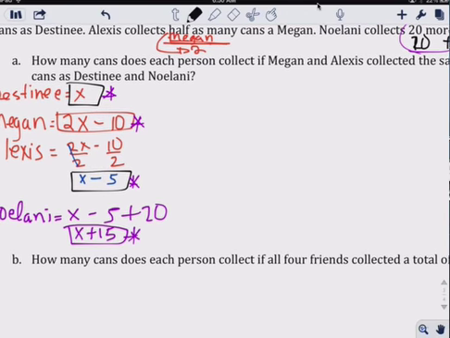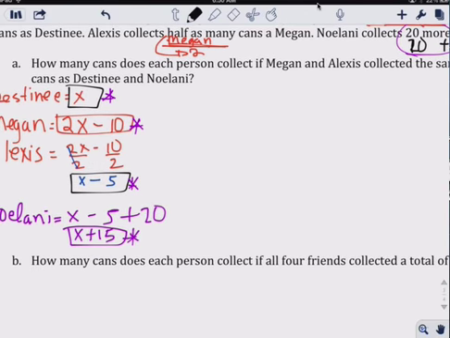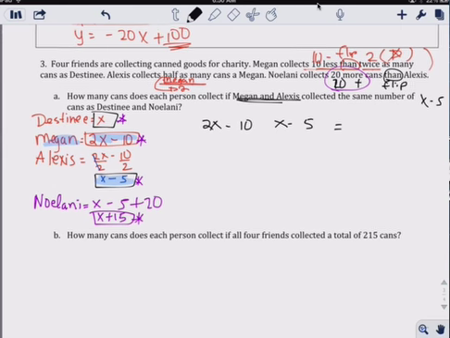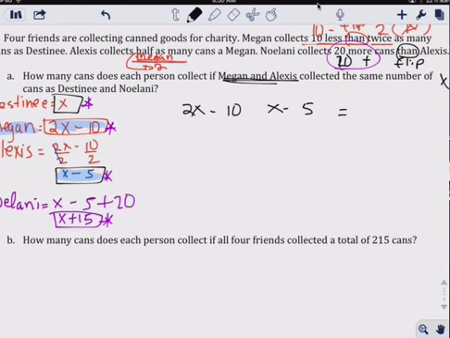Okay. How many cans does each person collect if Megan and Alexis collect the same? Megan and Alexis collect the same, so they're going to be equal. Megan is 2x minus 10, and Alexis is x minus 5. It's going to be the same as the other two, Destiny and Nolani. Destiny is x, Nolani is x plus 15.